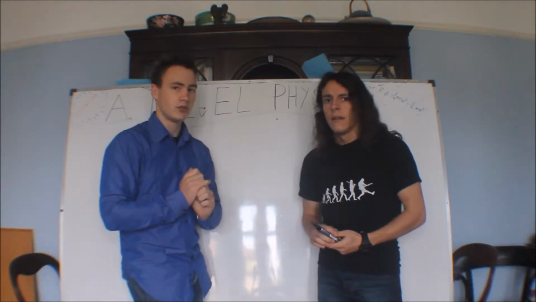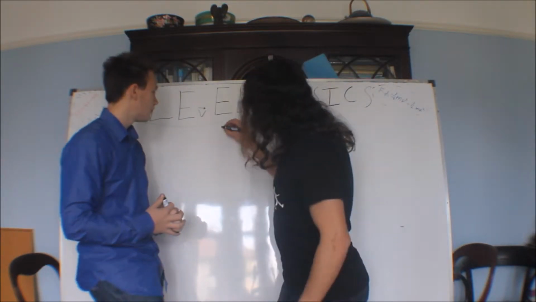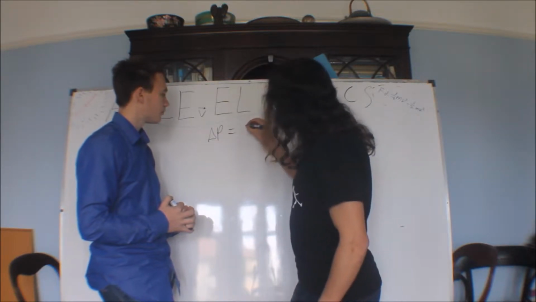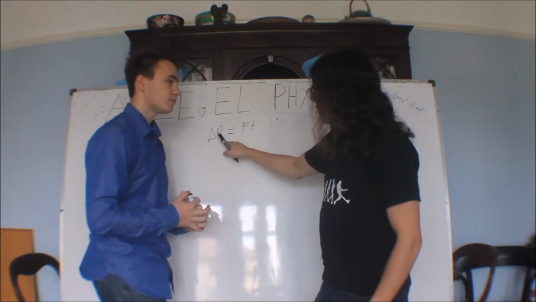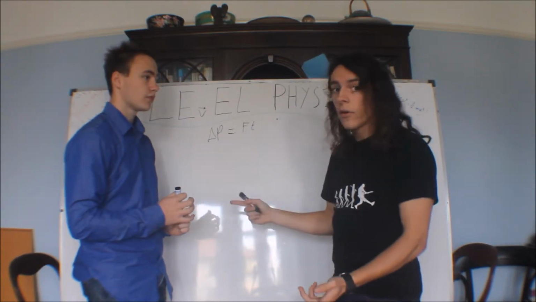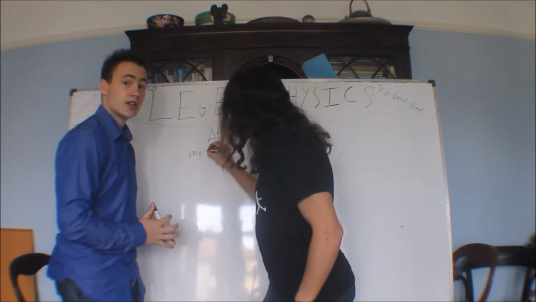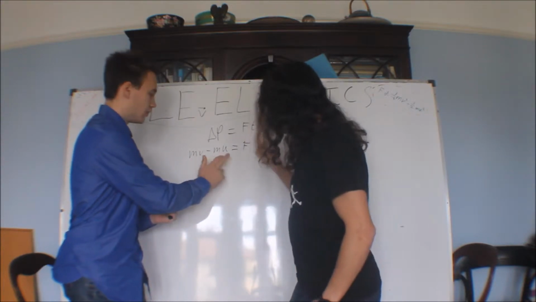Now, how on earth do we get to that? Okay, well, you remember the equation we had where change of momentum equals Ft. I do remember that. That was last video. It was. Now, if change of momentum equals Ft, then we can use our other equation of momentum change, which is mv minus mu, where v is the final velocity, so that's your final momentum, and that's your initial. That equals Ft.